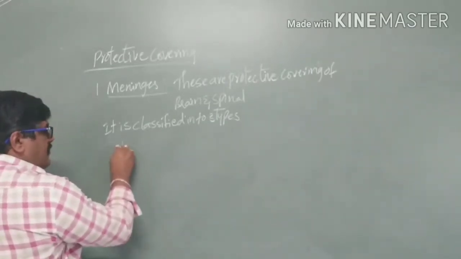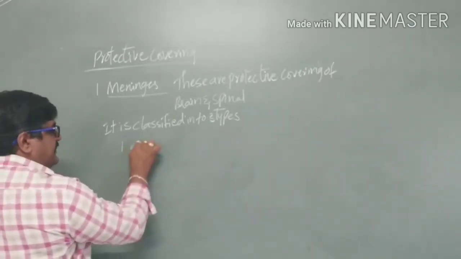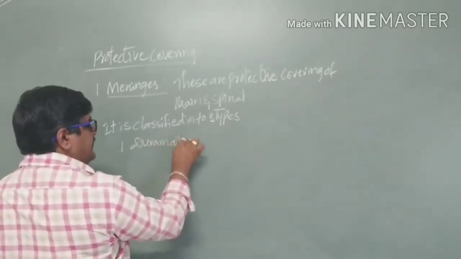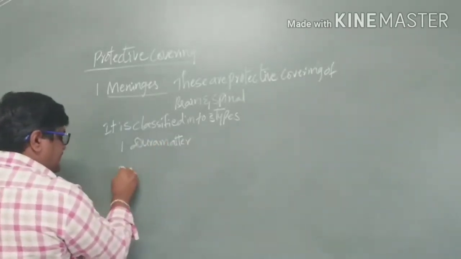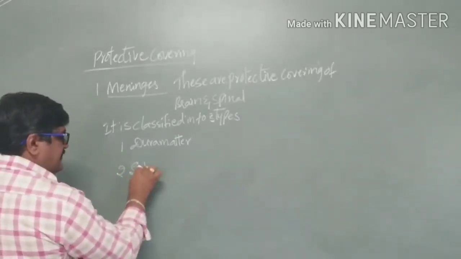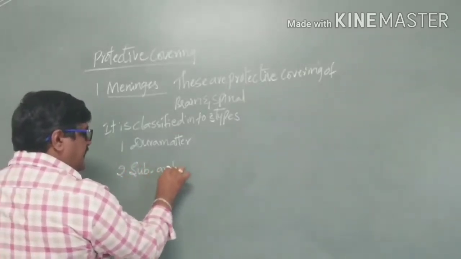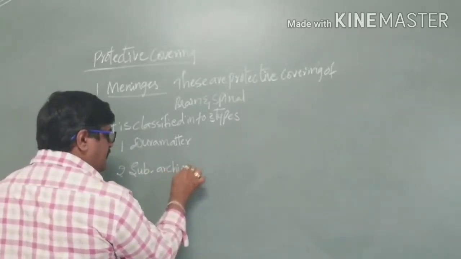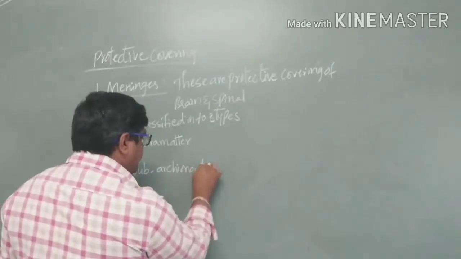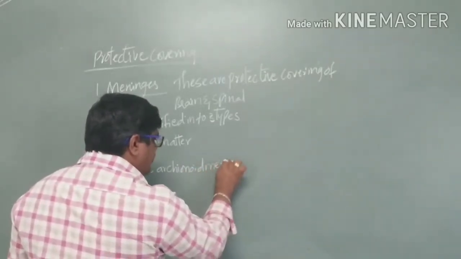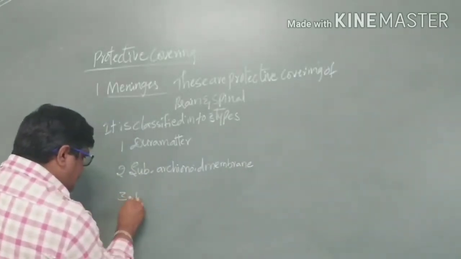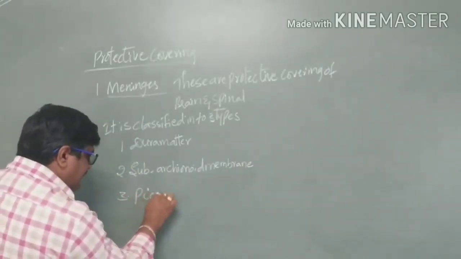The first one is the dura mater. The second one is the arachnoid membrane, and the third one is the pia mater.